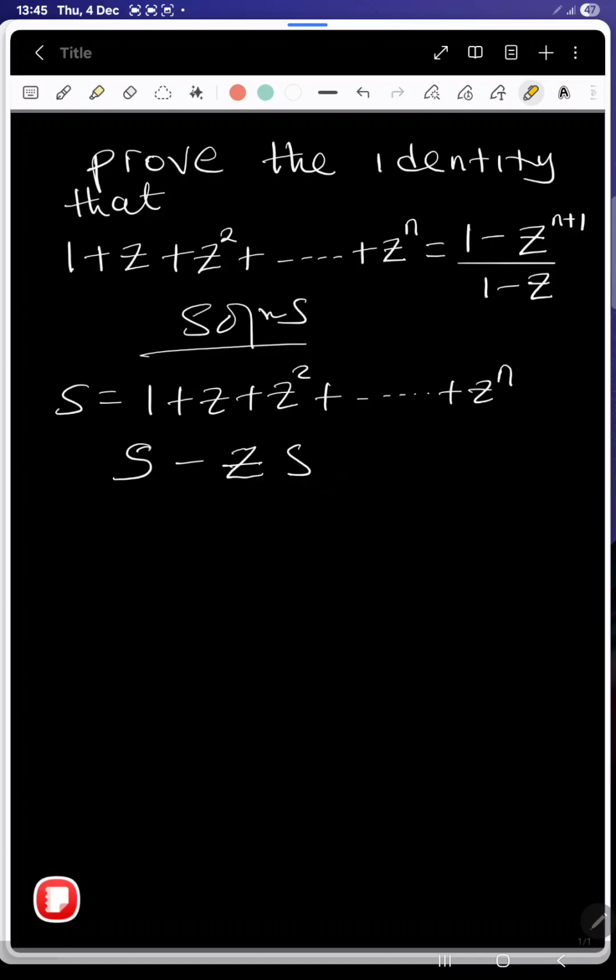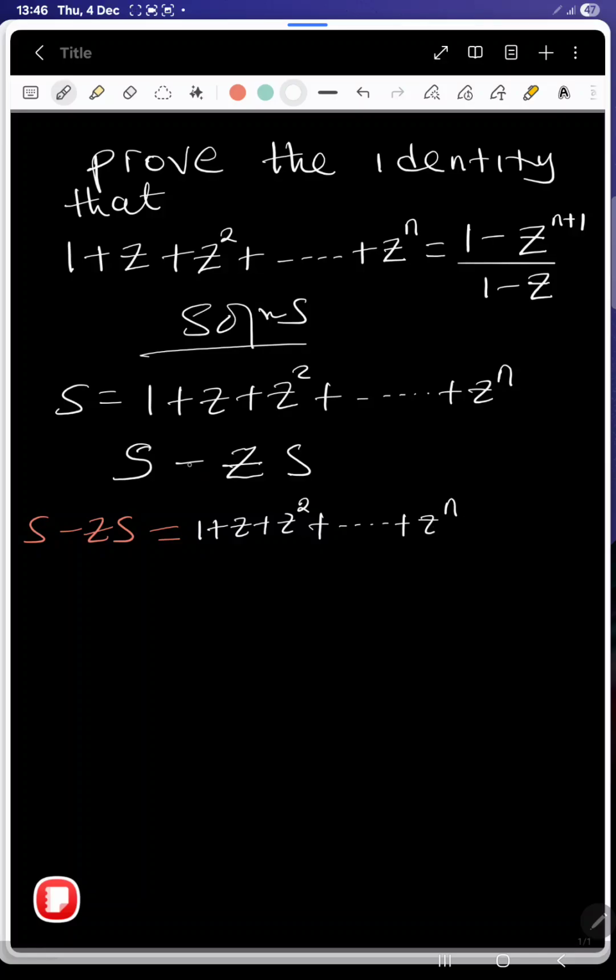So from here then, we are going to replace what we have in the question. We have our s minus zs. Our s minus zs is equal to, we are now going to replace where there is s, we are putting this assumption that we've created, which is 1 plus z to the power 2 plus dash dash dash plus z to the power n.